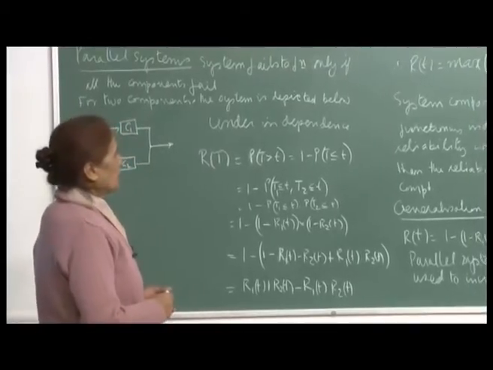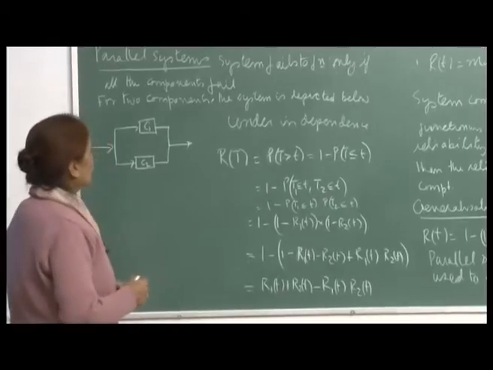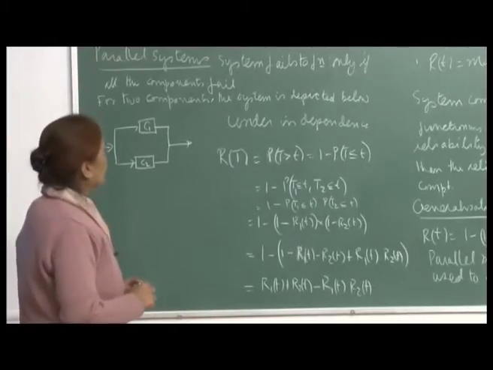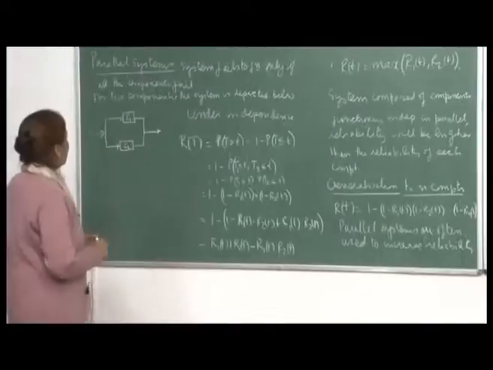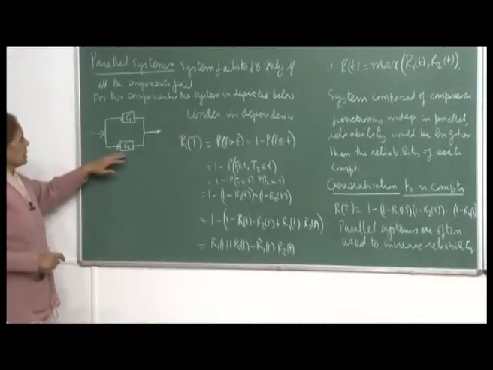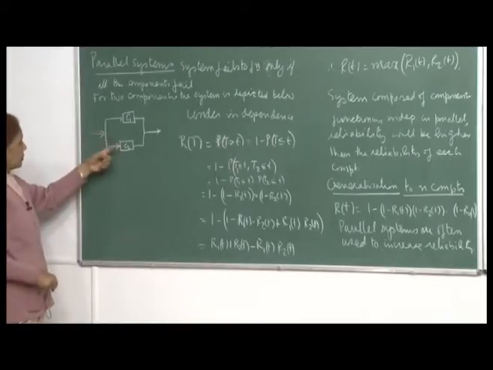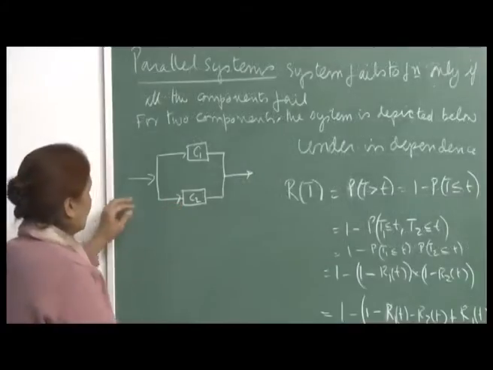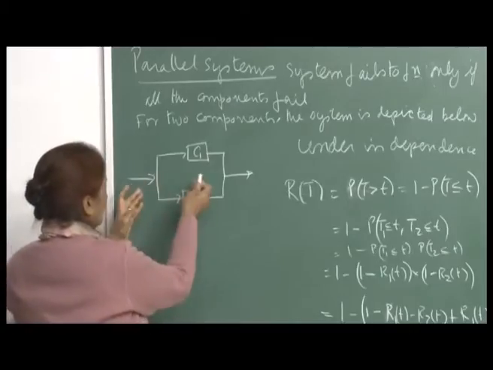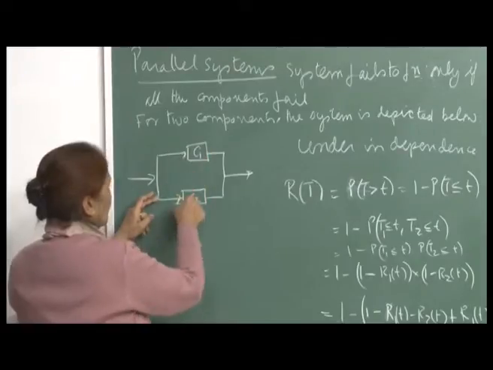Now, the other system that we would like to consider is a parallel system. Here the system fails to function only if all the components fail. Diagrammatically you can depict this for 2 components arranged in parallel. The input comes and it can go this way or this way.